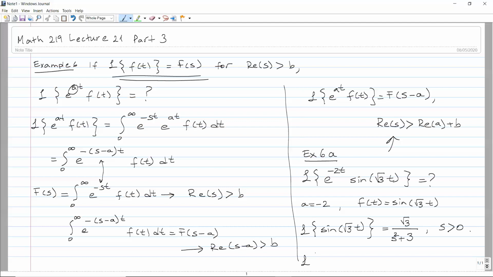So when I multiply the sine function with e to the minus 2t, on the other side, I replace s with s minus minus 2. And now s becomes greater than real part of a. A is minus 2, so s greater than minus 2 plus 0.